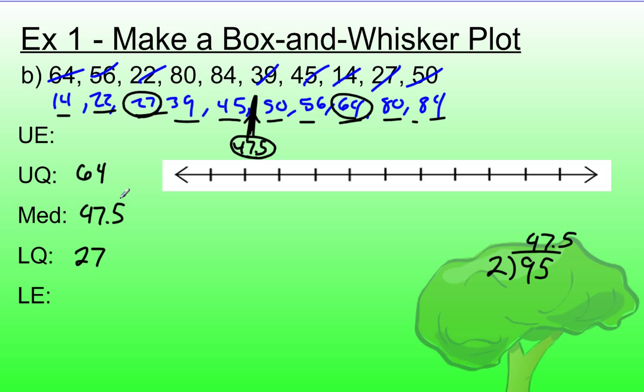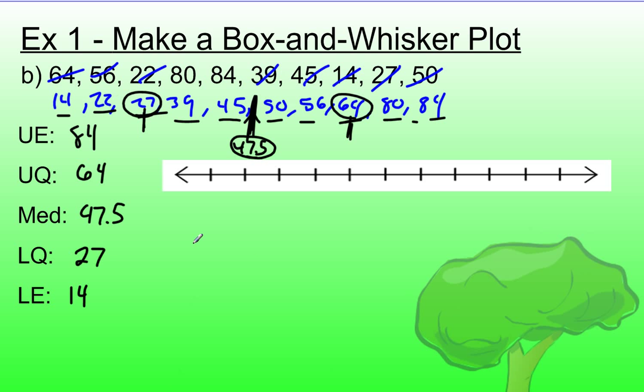That's the lower quartile, the middle of the lower half. So we're breaking our group of numbers into 1, 2, 3, 4 pieces. And by the way, lower extreme is the smallest, upper extreme is the largest. So now we have our points that we need.